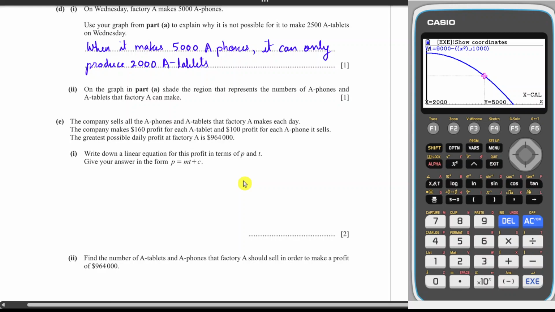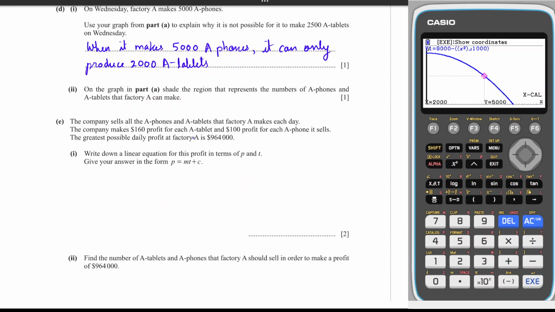Okay, so the profit is the profit for tablet plus profit for phone. The profit for the tablet is 160 and it is selling T tablets, plus $100 and P phones. The total profit is 964,000.